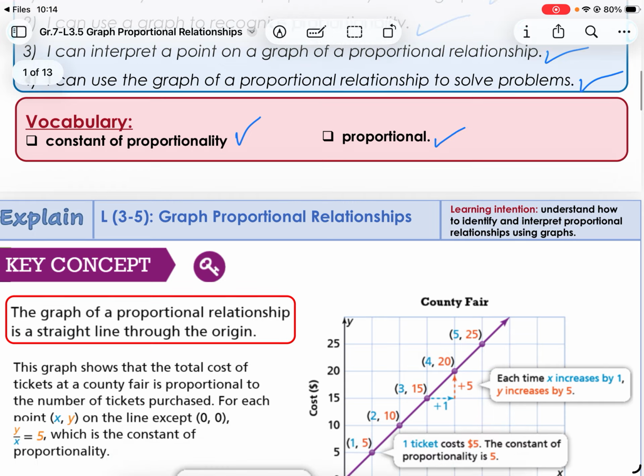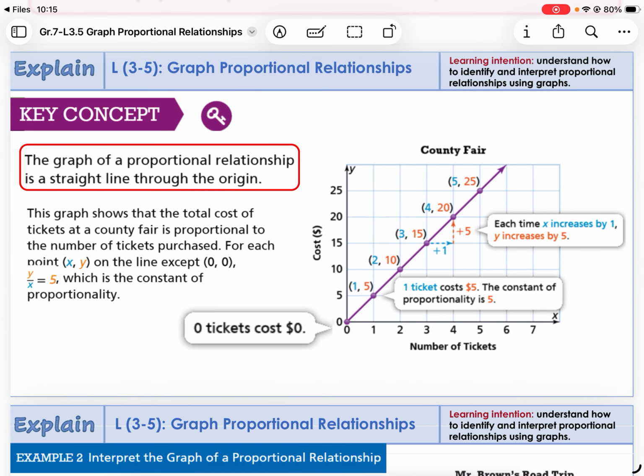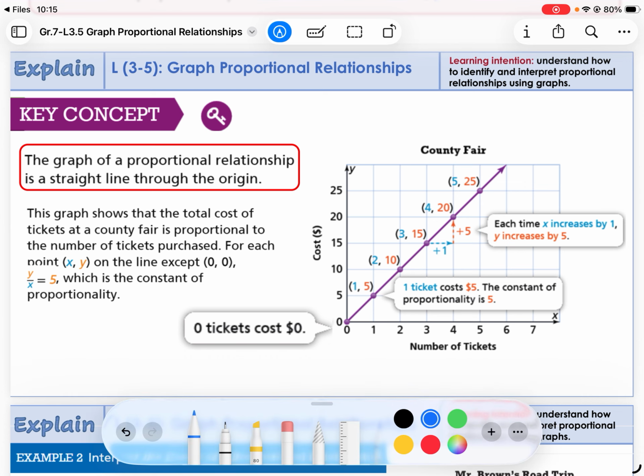So let's move on. The key concept of today's lesson is to be able to identify how the graph of a proportional relationship looks. This is the main thing that you should know: it's a straight line and it passes through the origin.